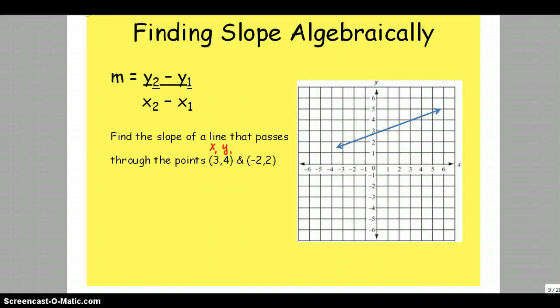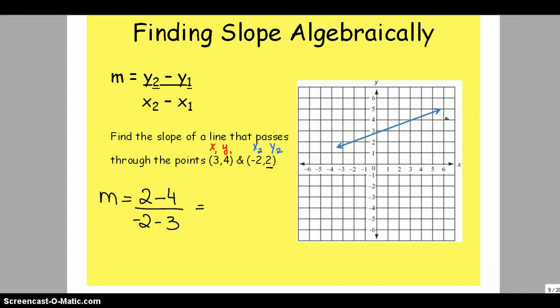I'm going to label this one x2, y2. I'm going to make sure that I keep these in order. So now I have slope is equal to, let's see, y sub 2, that's 2, minus 4. X sub 2 is negative 2. X sub 1 is 3, so negative 2 minus 3.